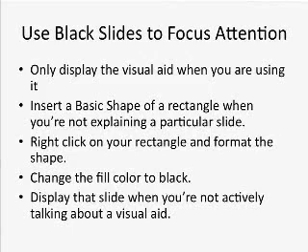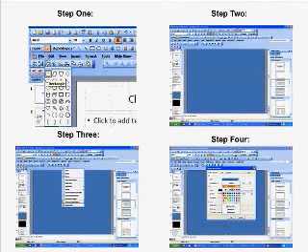First, you can use a black slide to focus attention, and you can just insert a basic shape. You can pause the video there to see what those steps are. If you're using PowerPoint 2003, there's an example of some different screen grabs. If you're still struggling with that, please email me and I'd be happy to talk you through that process over the phone.